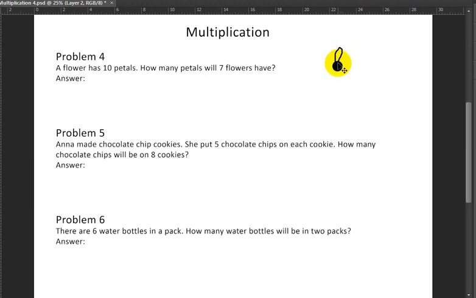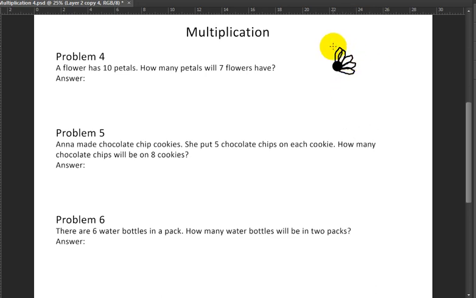So that's 1, and then we have 2, 3. Let's turn this one a little bit. 4, 5.